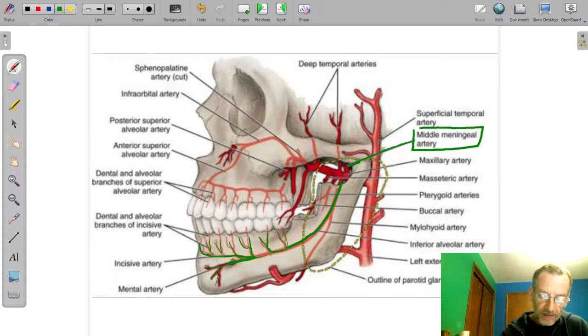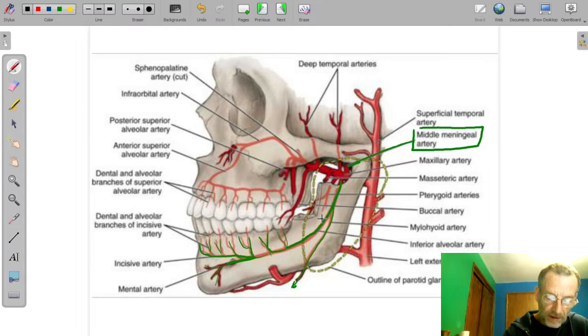And then the last one is the mylohyoid artery, which branches off of the inferior alveolar artery and goes down and supplies the mylohyoid muscle. And somewhere we have to put the mandibular foramen, and it would be after the branch, of course.